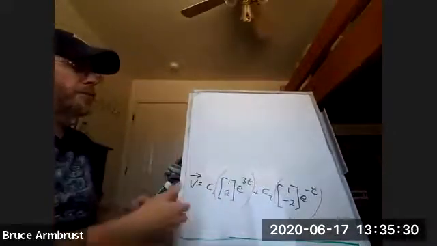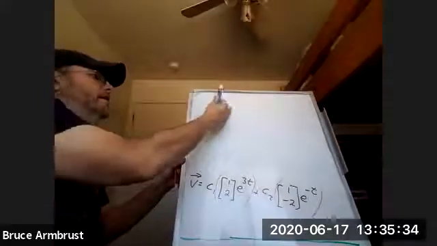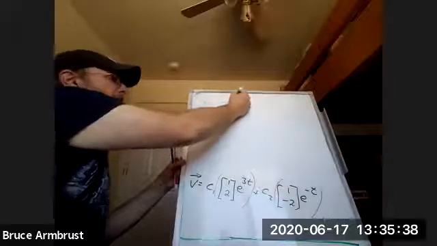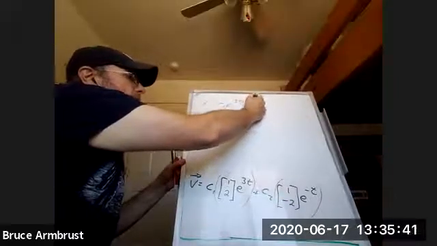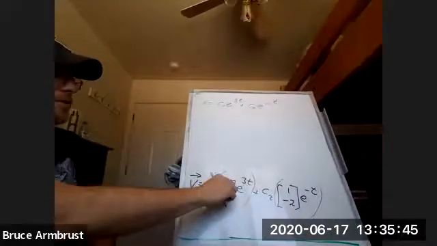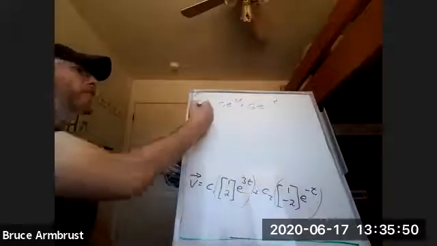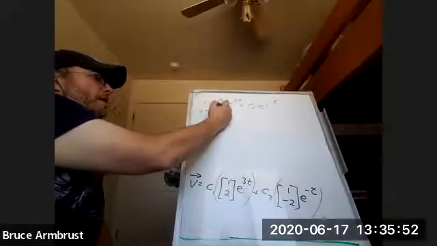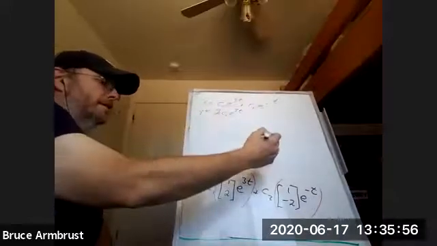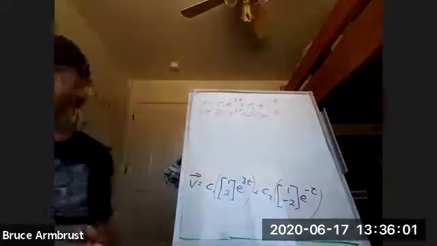But if you wanted to separate it out and write what x and y are, we would get x is equal to c1 e to the 3t plus c2 e to the minus t, just the first components when we multiply out. For the y's, we're going to get 2 c1 e to the 3t minus 2 c2 e to the minus t.